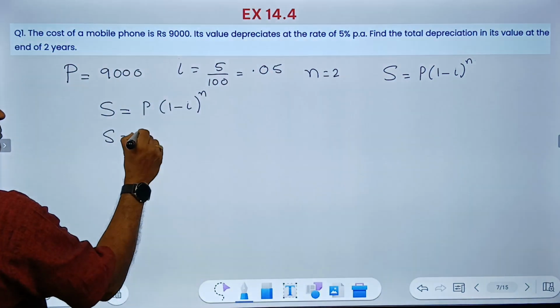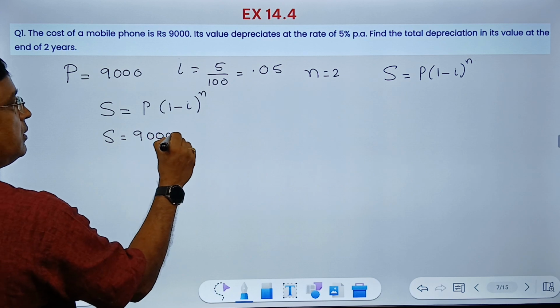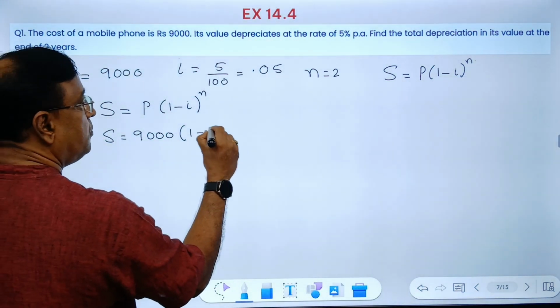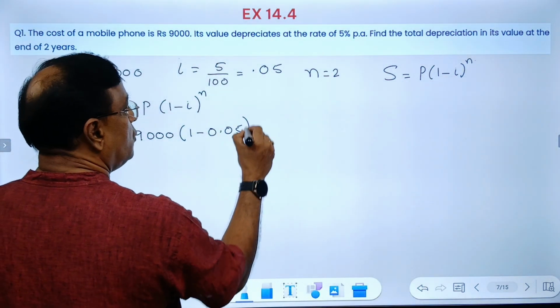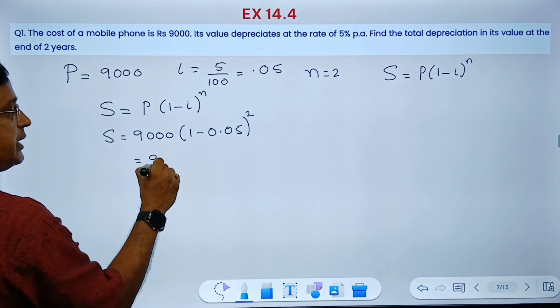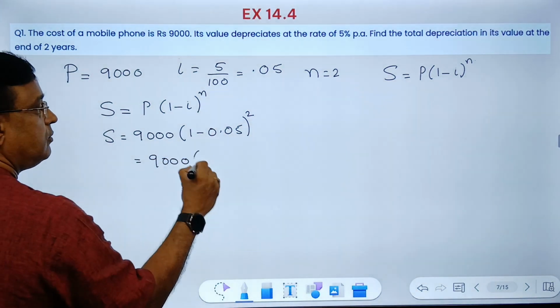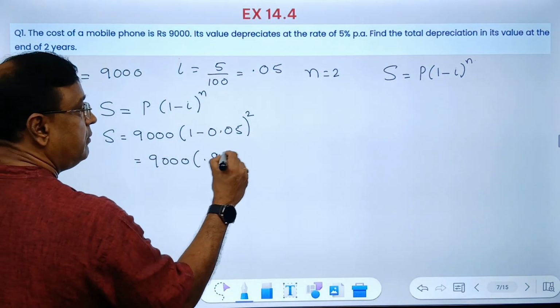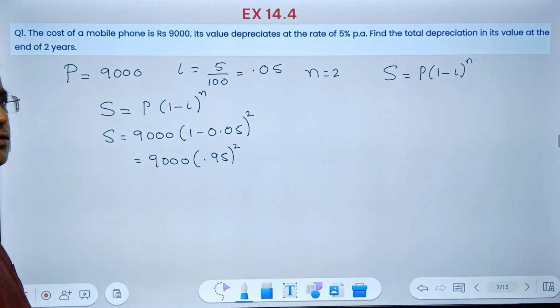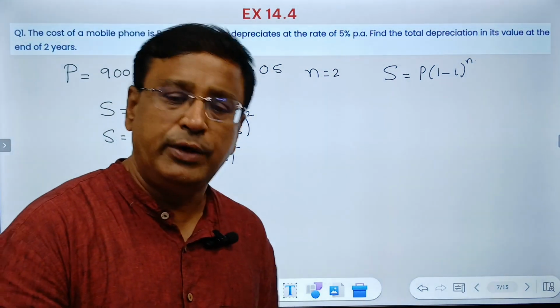Now what is P? P is 9,000 into (1 - 0.05) whole square, which is 9,000 into 0.95 whole square. You don't need to use logarithm. You can multiply 95 into 95.